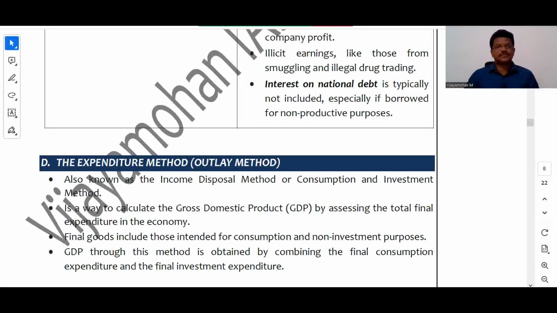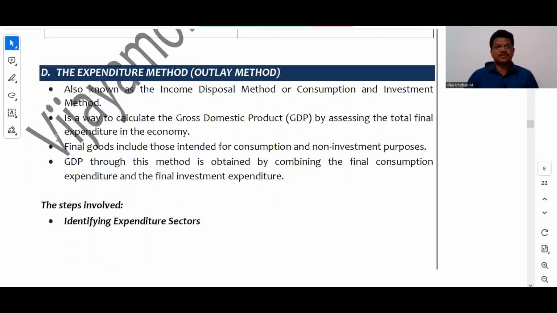Now we will see the next method, the expenditure method or outlay method. So it is also known as the income disposal method or consumption and investment method. దీన్ని income disposal method గాని consumption and investment method గాని అంటారు. It is a way to calculate the gross domestic product GDP by assessing the total final expenditure in the economy.